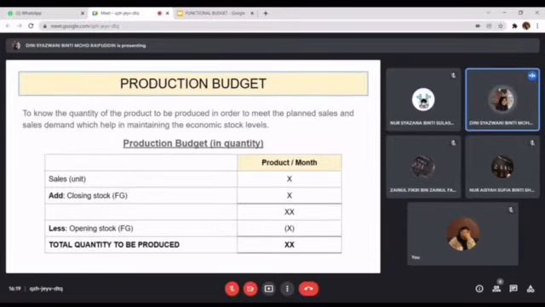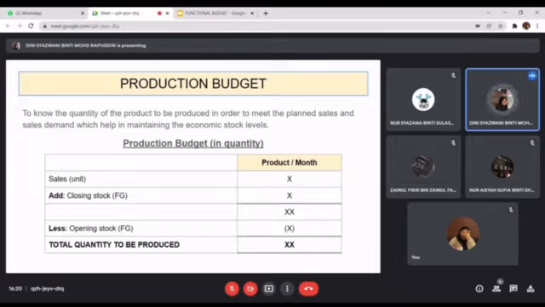The second element of functional budget is production budget. This production budget is prepared to know the quantity of the product to be produced in order to meet the planned sales and sales demand, which helps in maintaining the economic stock levels.